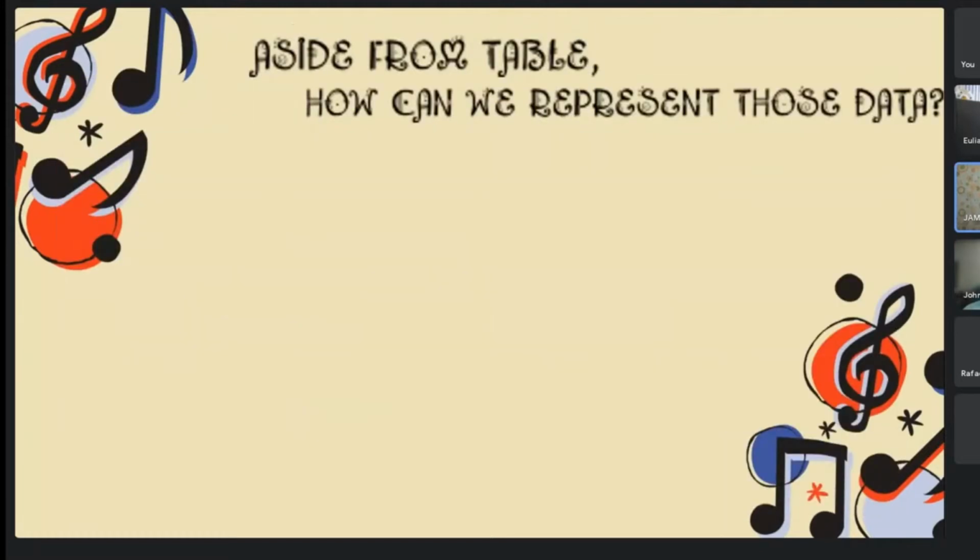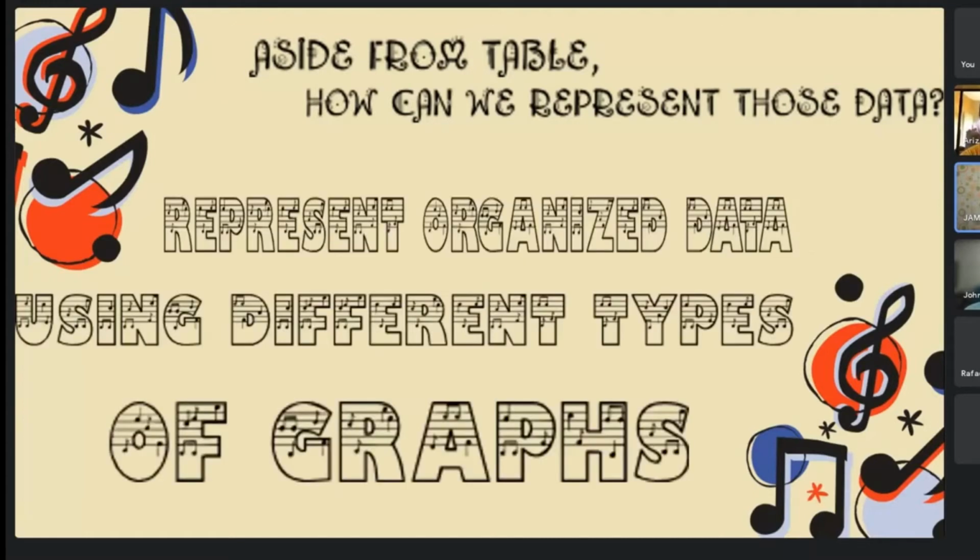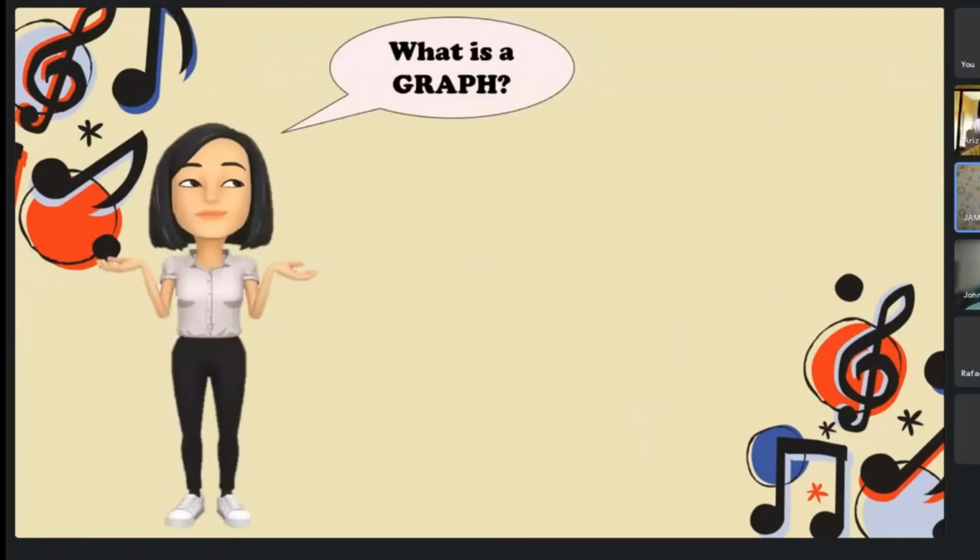So now, aside from table, what do you think is the way we can present data? Again, what do you think is another way in presenting data? Let's have Aris. Graph po. Graphs. Very good. We can represent data using different types of graph. And that will be our lesson for today.